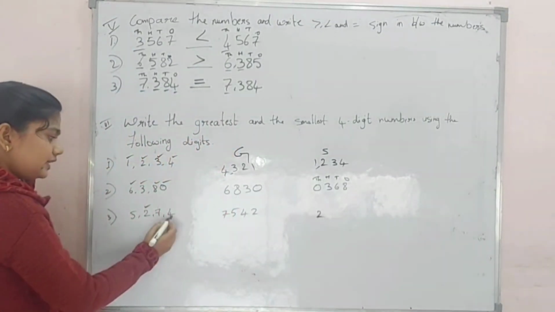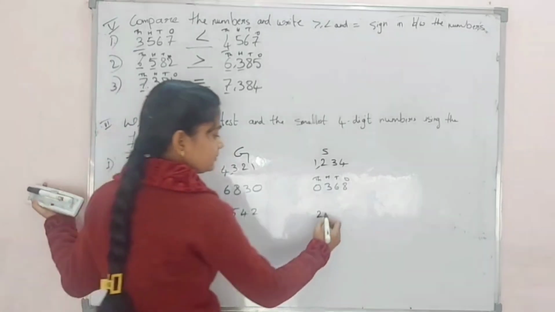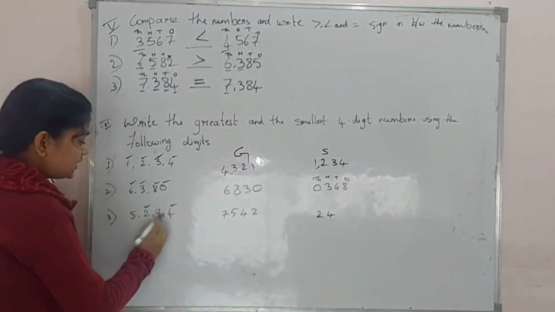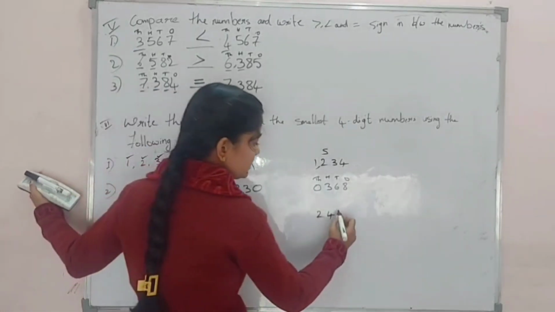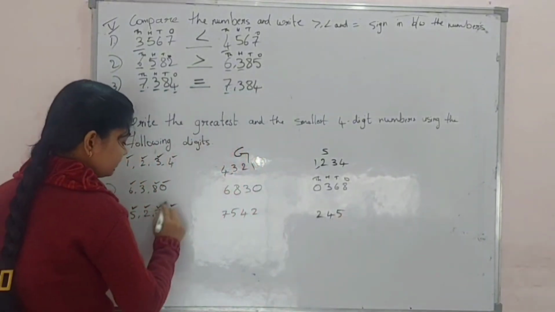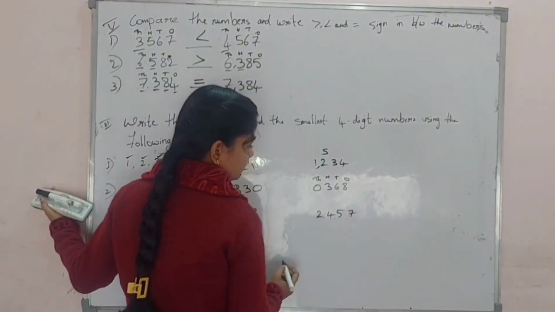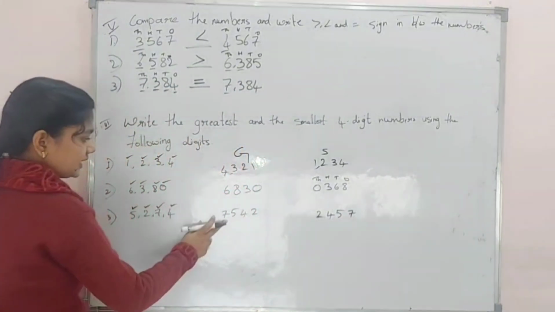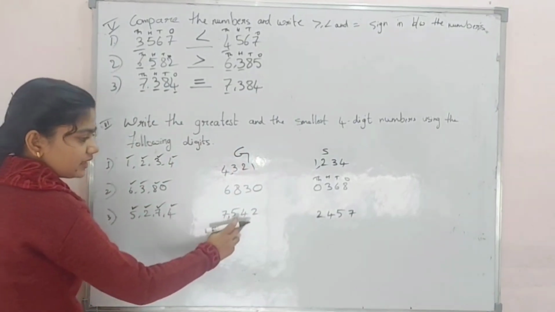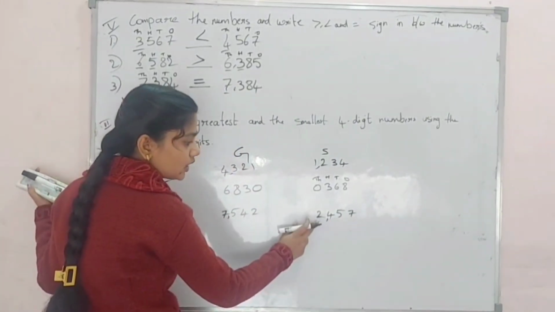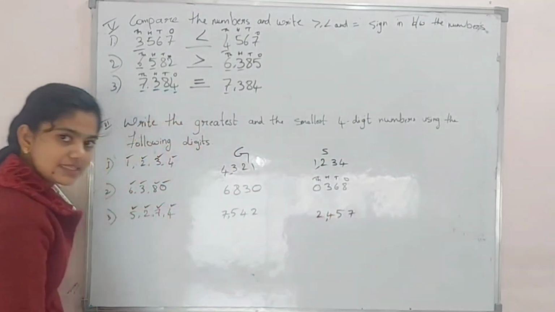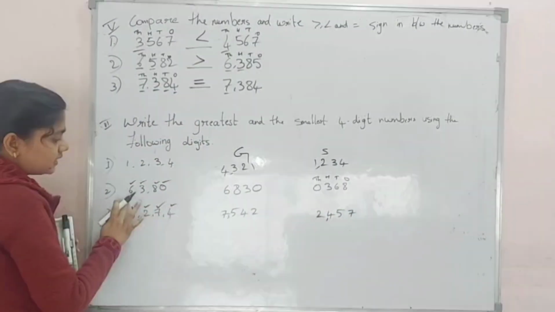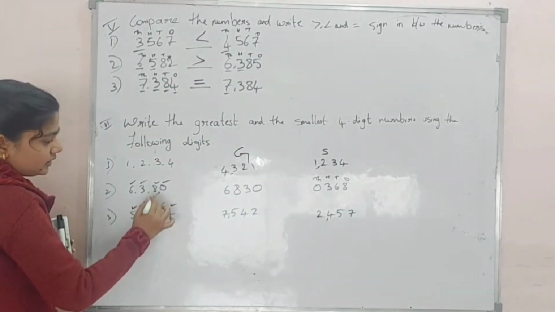Next, in the remaining 3, 4 is the smallest. In the remaining 2, 5 is the smallest. Remaining is 7. So the greatest number is 7,542 and the smallest is 2,457. Understood?